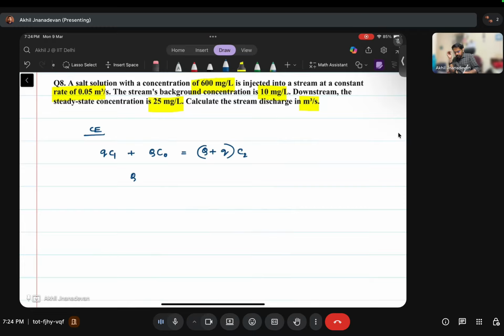If you simplify this, we get Q is equal to small q into C1 minus C2 by C2 minus C naught. So this is the equation.